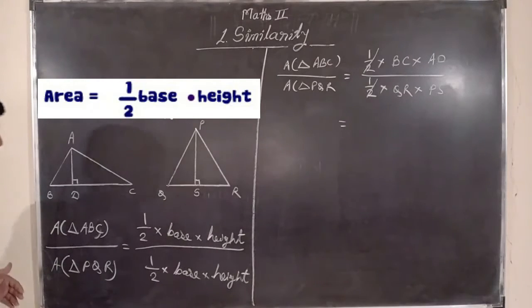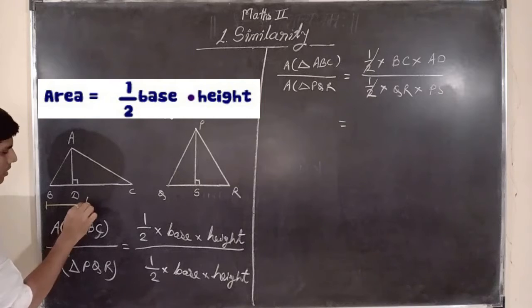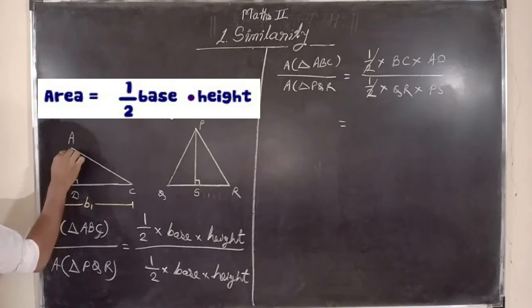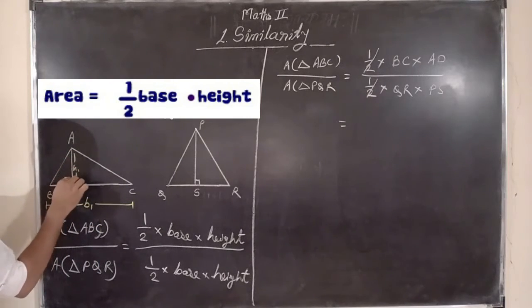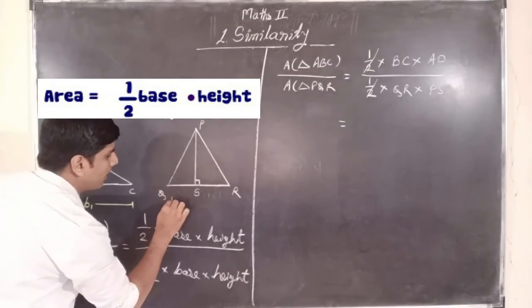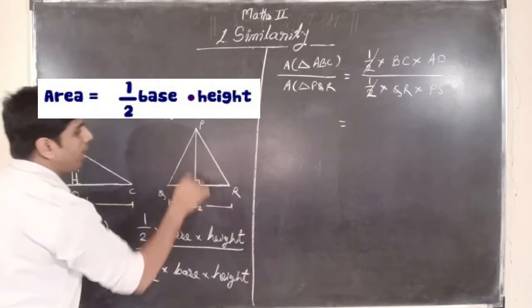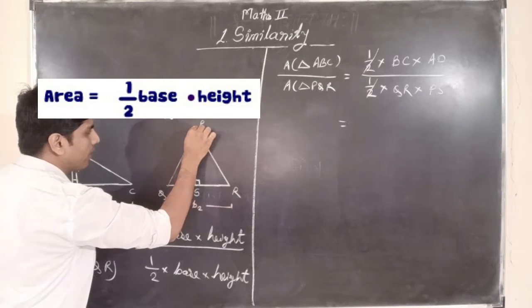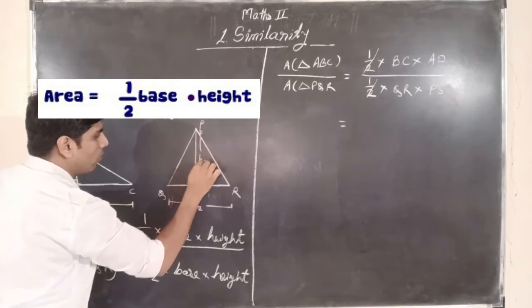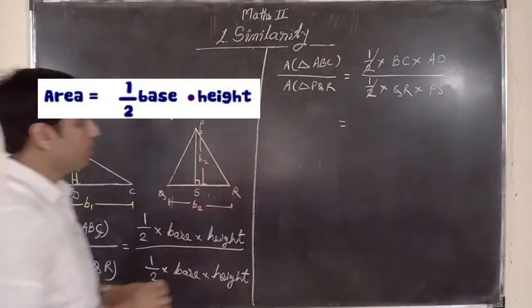For convenience, now we will call the base of the first triangle B1 and the height of the triangle H1. The base of the second triangle we will call B2, and the height of this triangle we will call H2. So let's substitute the values.